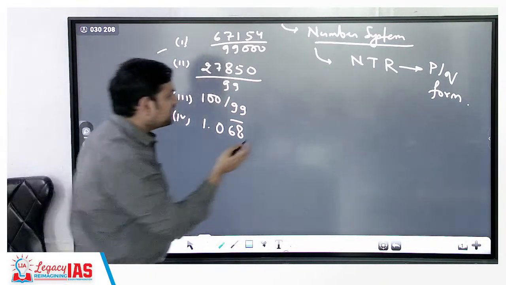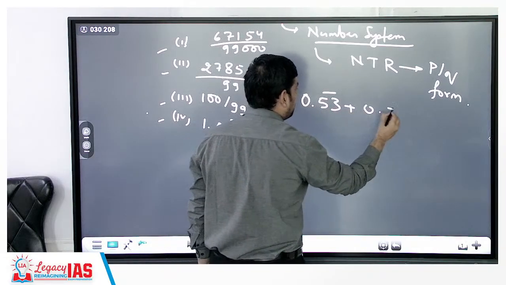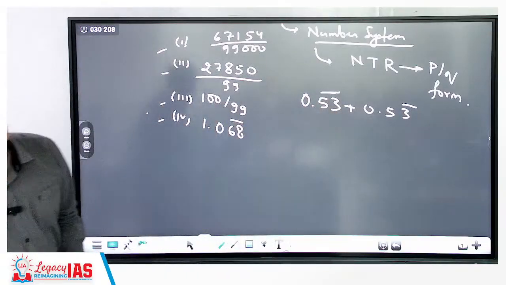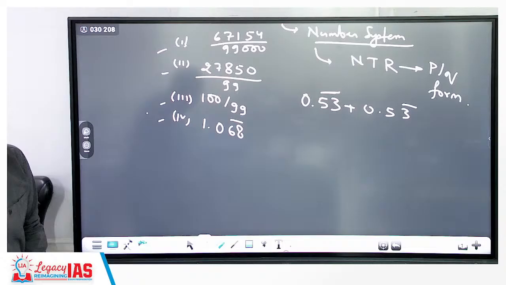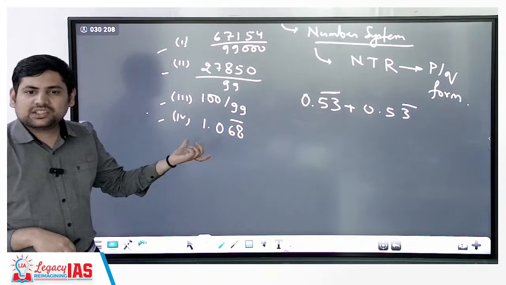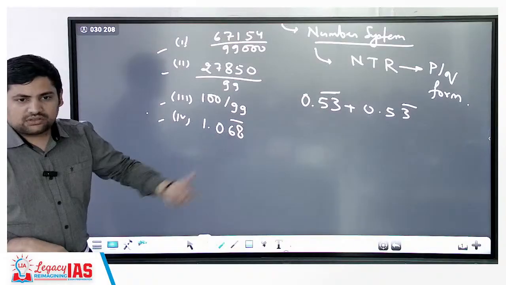Okay, last question. We can either write it in bar form or P by Q form. Yes, in the CDS question, the options were given in bar form. That's why we have converted it to this.